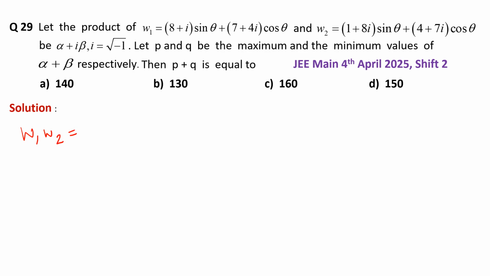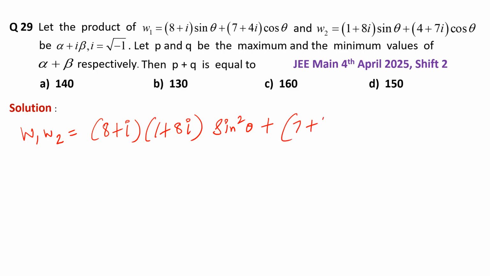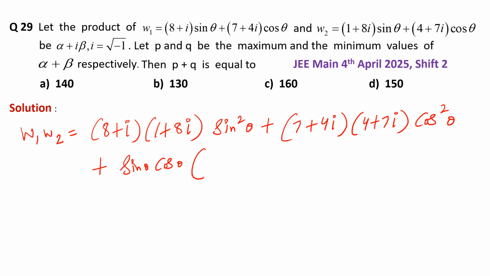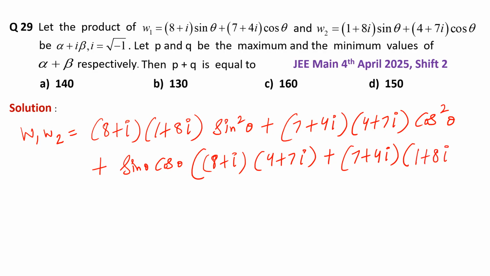So W1 into W2 becomes equal to (8 + i)(1 + 8i) sin²θ + (7 + 4i)(4 + 7i) cos²θ + sin θ cos θ times [(8 + i)(4 + 7i) + (7 + 4i)(1 + 8i)].